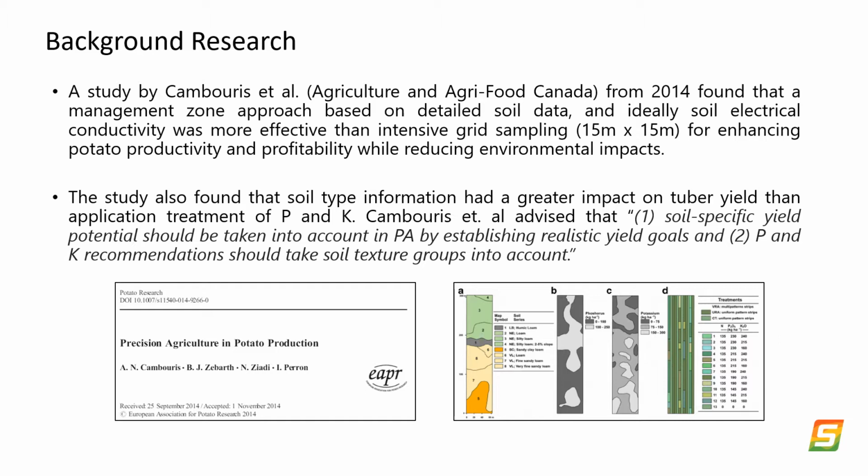So we're not really getting that information if we do a grid sampling strategy. It's ignoring those differences in soil texture and soil type. So those are factors that we're measuring with SWAT maps with our electrical conductivity information.